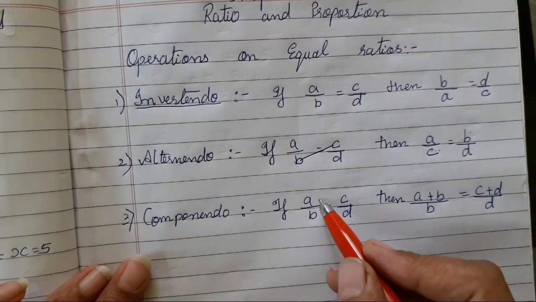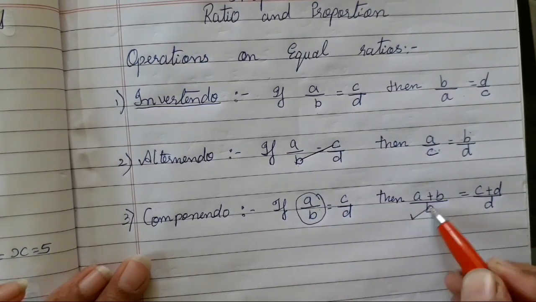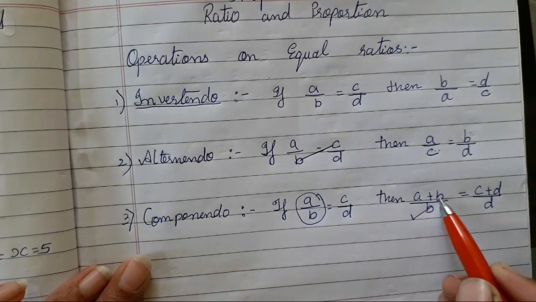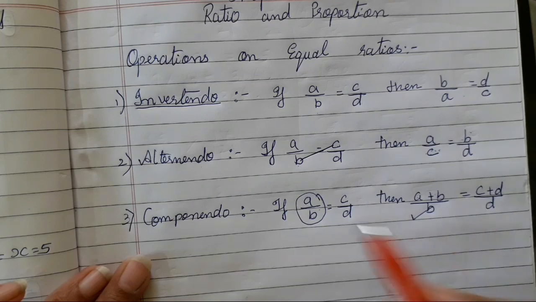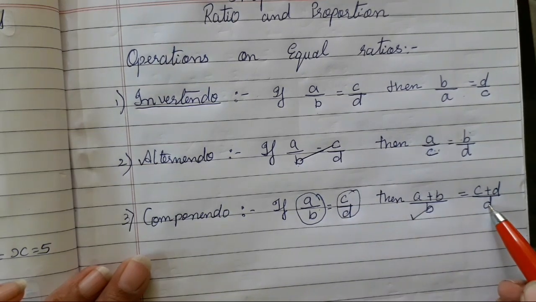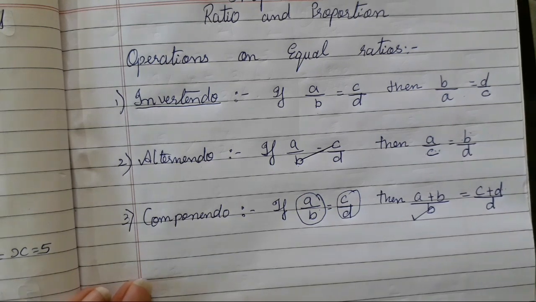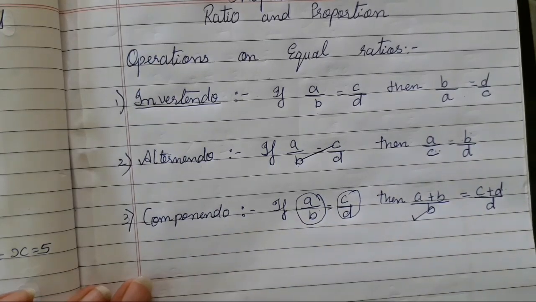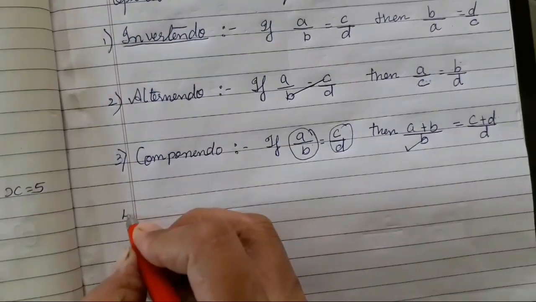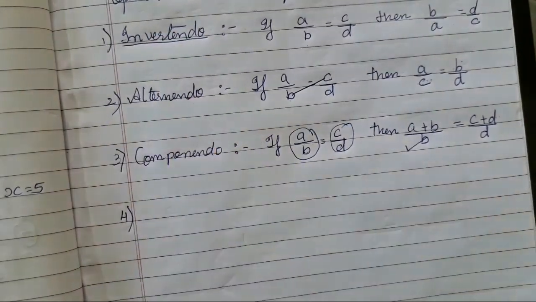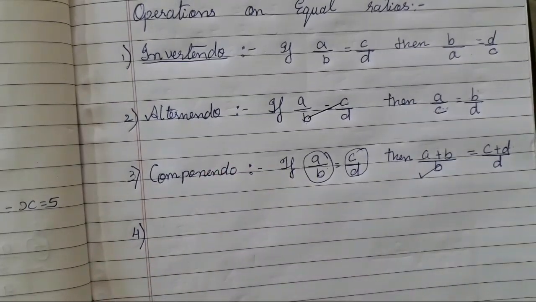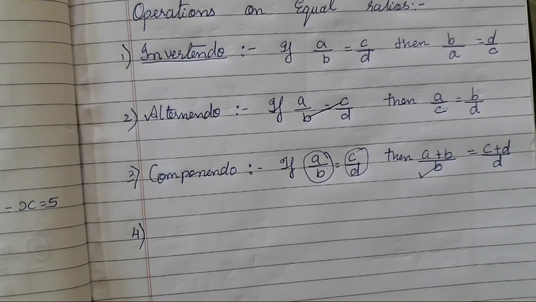For this operation, we will have to write A plus B upon B, meaning the denominator is added to the numerator, and on the other side it is going to be the same: the denominator is added to the numerator. This type of operation is known as componendo. Now I will tell you where to use these operations when we start with the exercise, but first we will have to revise what these terms are and how they are used.